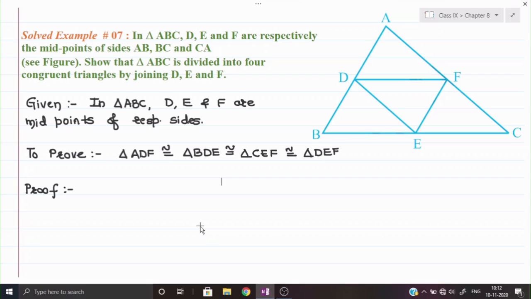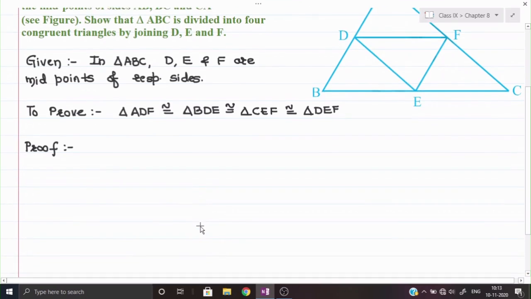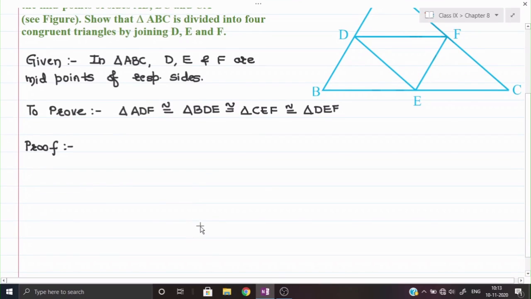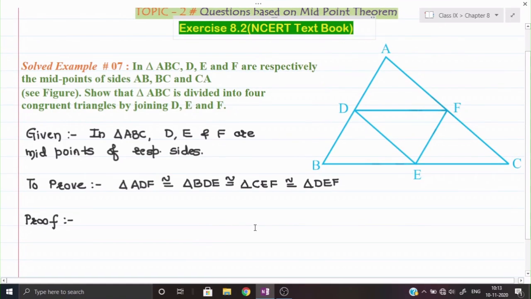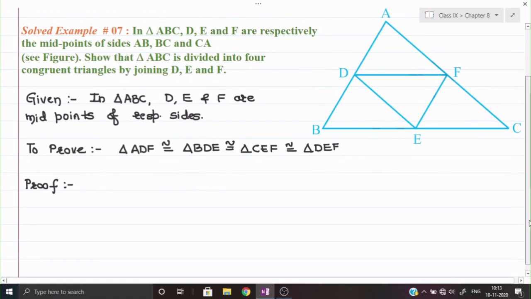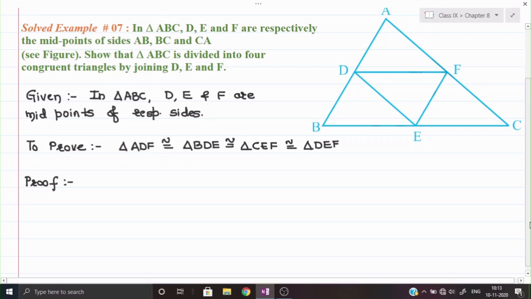In this quadrilateral, first of all, we shall prove it is a parallelogram. Why we shall prove it, you will come to know a little later. For that, how can we prove it? As I told you in the last question also, if I want to prove a given quadrilateral is a parallelogram, then we have basically 2 to 3 ways. Two ways we have already seen in the previous question: show that both pairs of opposite sides are parallel, or show that one pair of opposite sides is equal as well as parallel.